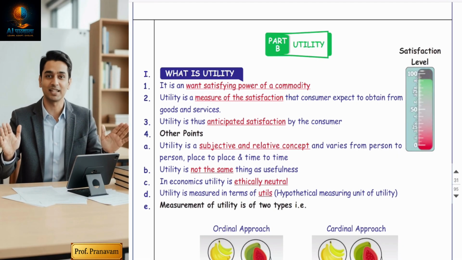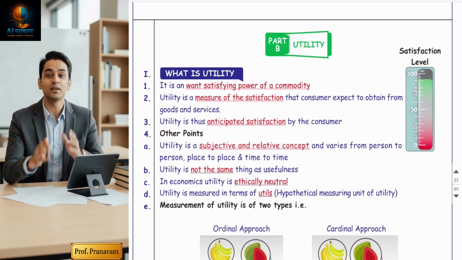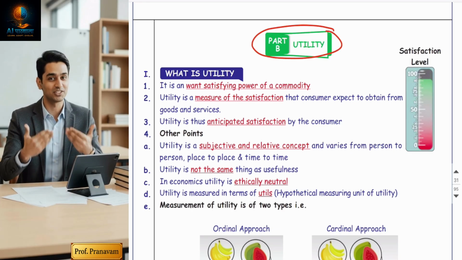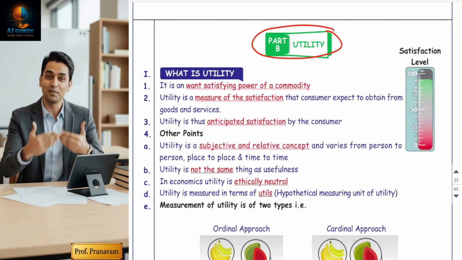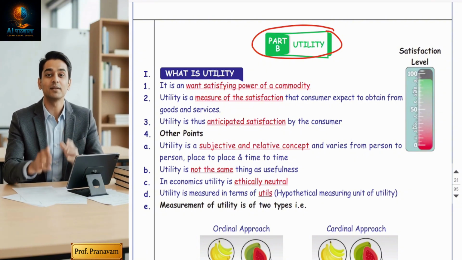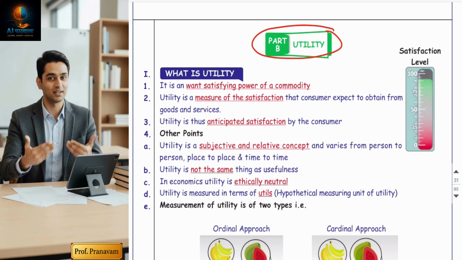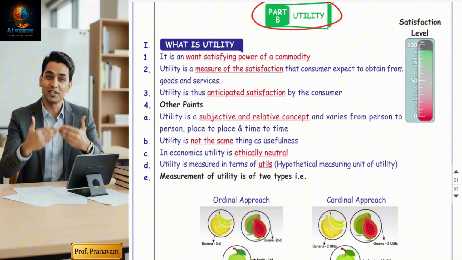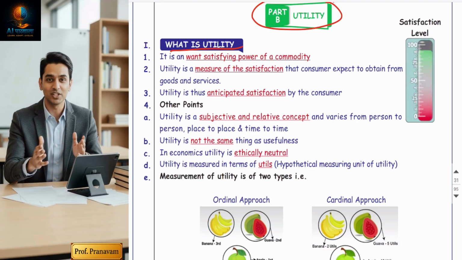Let's start with one of the most fundamental building blocks of economics, that is part B, utility. Friends, this chapter looks small, but it shapes the entire logic behind demand, consumption, and human behavior. So let's get ready for a very crisp explanation. First question: what is utility?